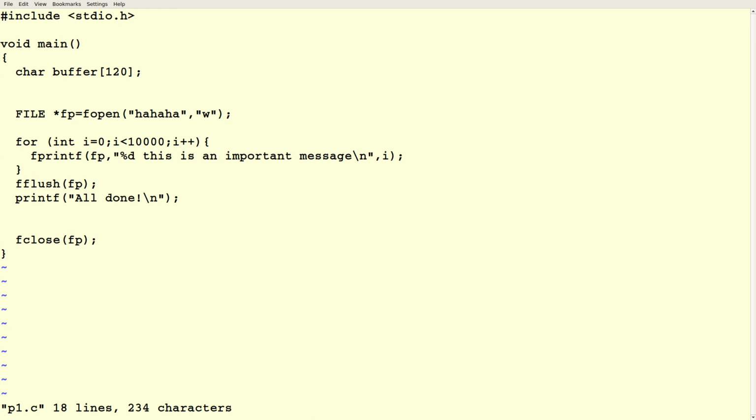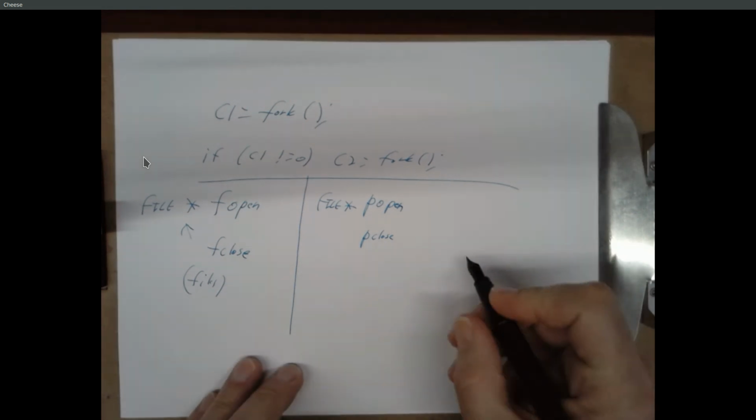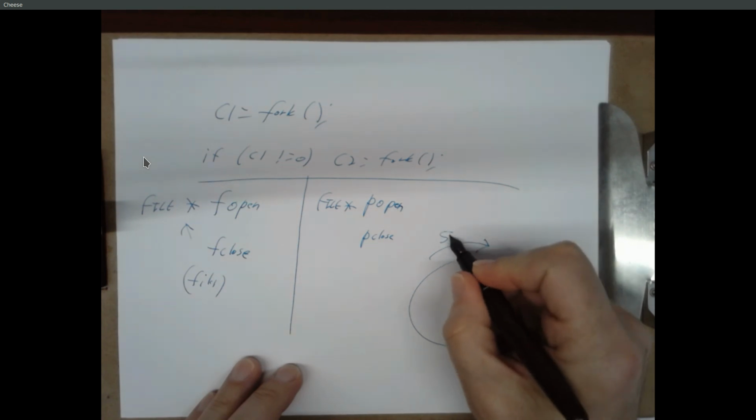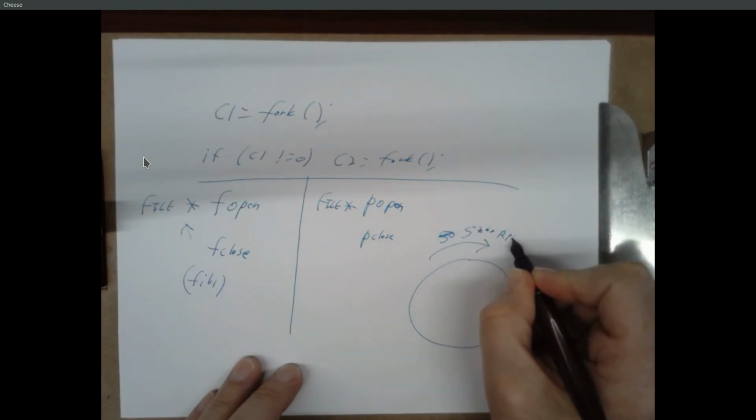The problem with doing a flush every time is if you're writing to a hard drive, and your hard drive is spinning 5,000 times a second, how do you write to a hard drive? Well, you've got a disk, a physical platter, and it's spinning typically 5200 RPM or 5400.